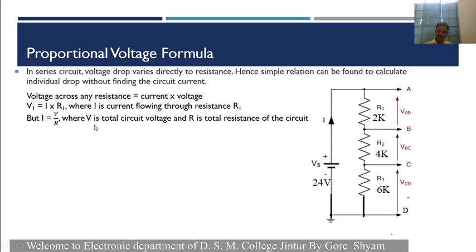Here V is the total voltage of the circuit, and R is the total resistance of the circuit.